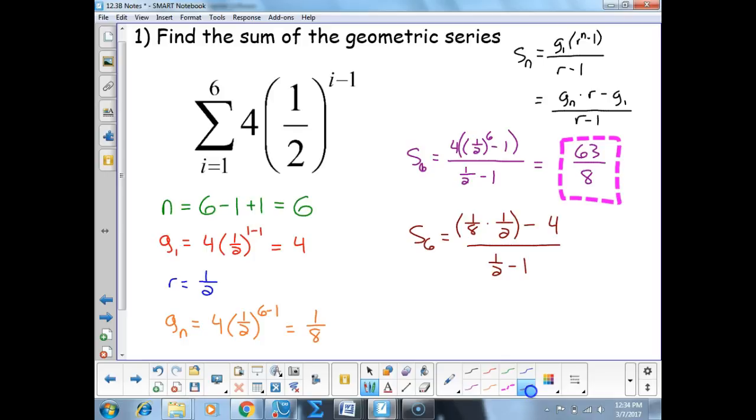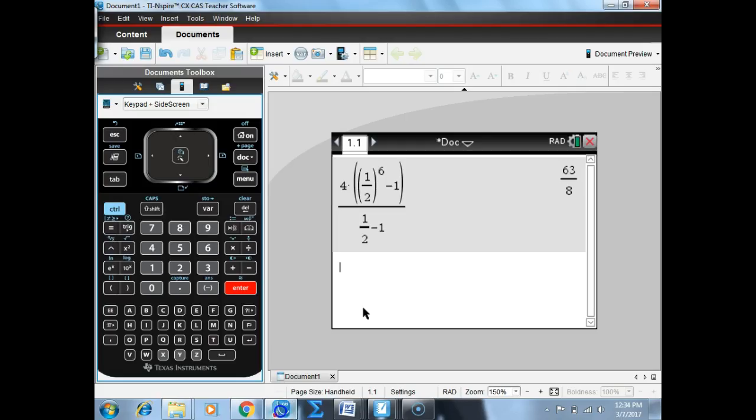Minus 4 is negative 63/16. Divided by negative 1/2 is 63/8.